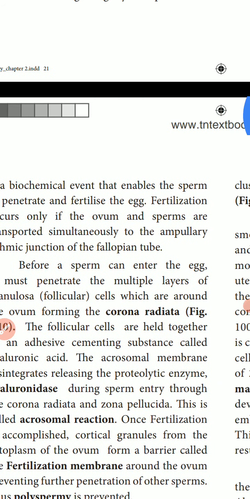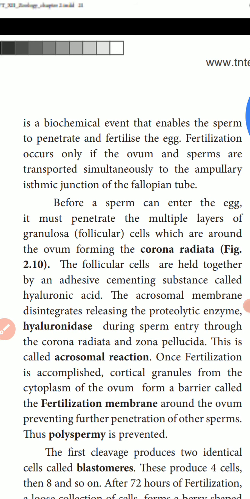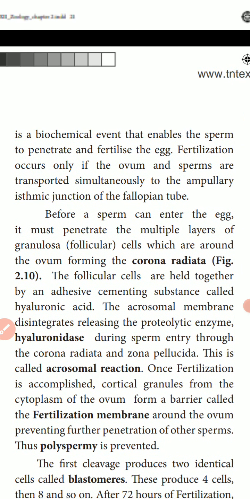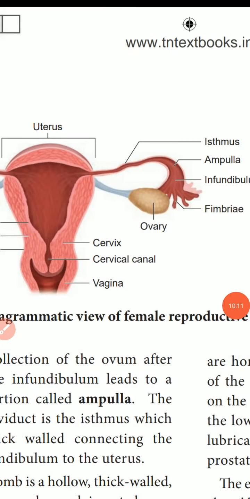I'll show you the picture. Fertilization occurs only if the ovum and sperms are transported simultaneously to the ampullary isthmic junction of the fallopian tube. You can see that here.